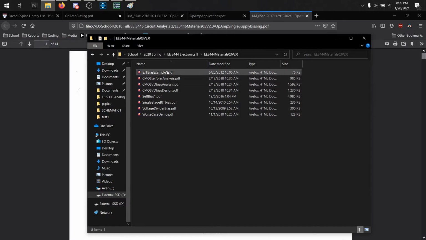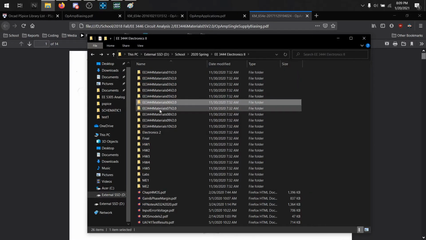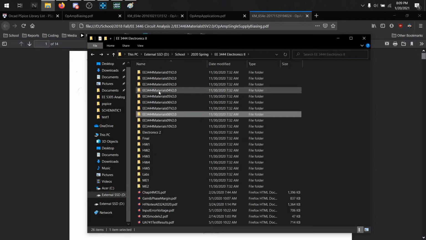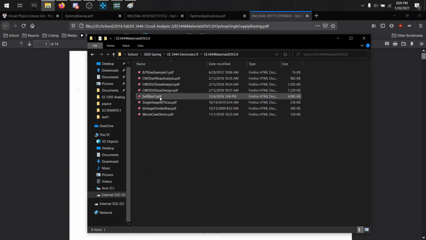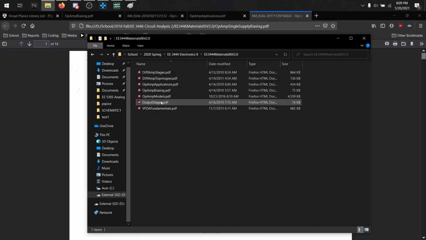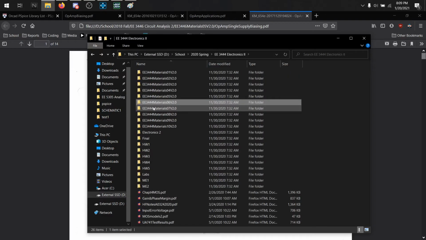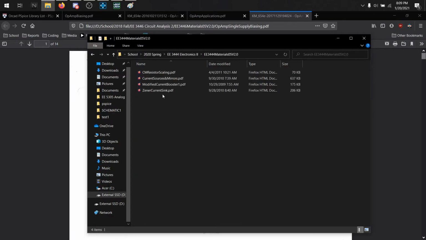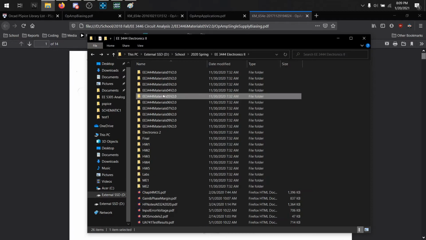An op amp is just a collection of transistors. So let's go with the transistor. Do you remember which materials had the Miller model?